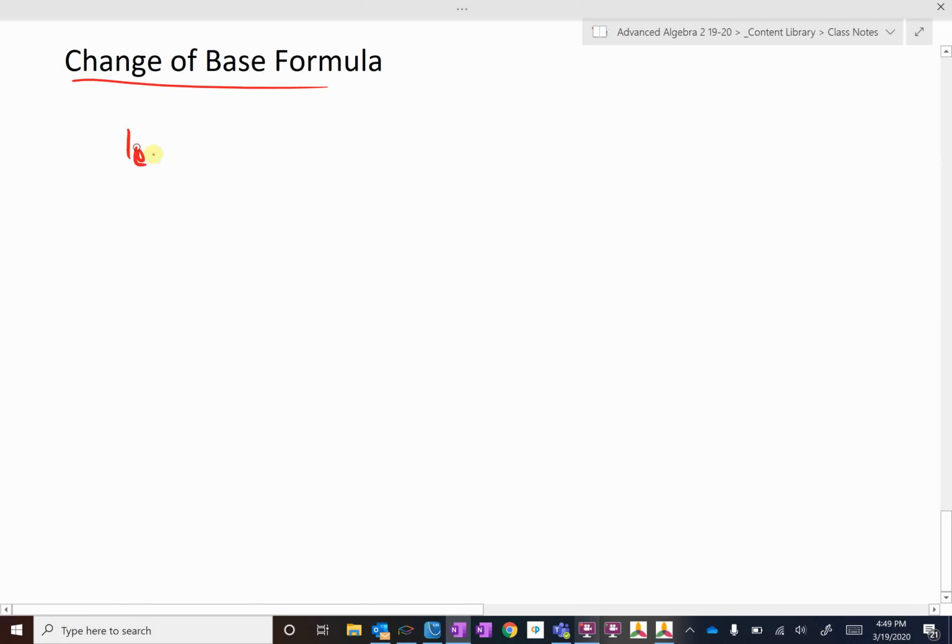Let's just start with a basic logarithmic expression, the one that we began with at the beginning of the chapter. Suppose x is equal to some arbitrary logarithm with arbitrary base b and some power y. Well, this all started when we were defining the inverse exponential function. So really, this is just an exponential function rewritten in log form.